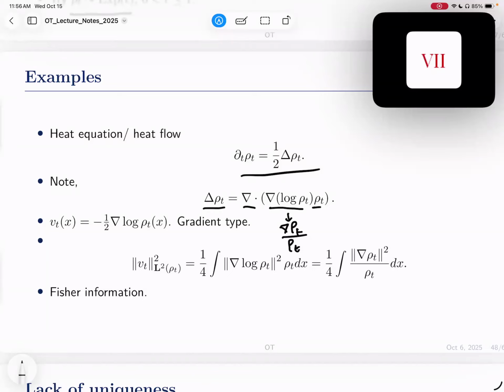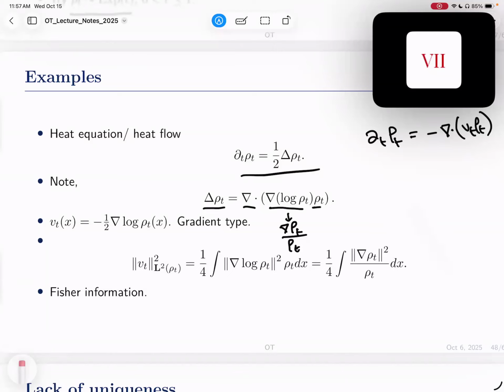Right? So the Laplacian is of the form divergence of some function, which is this object here. So remember what I want to write is del t rho t is equal to minus the divergence of Vt rho t, not the gradient, the divergence.